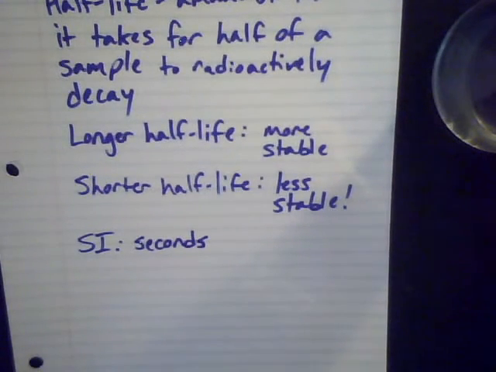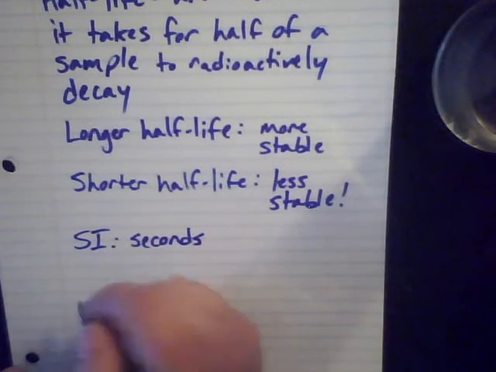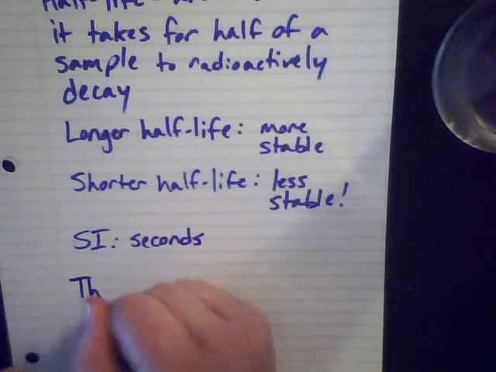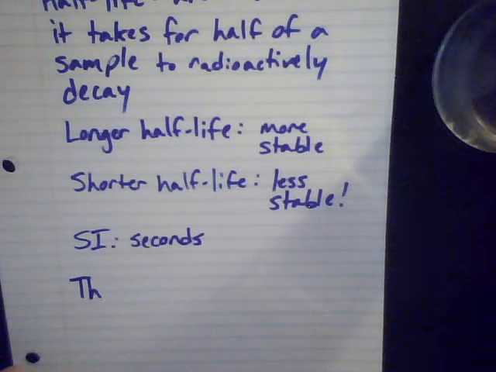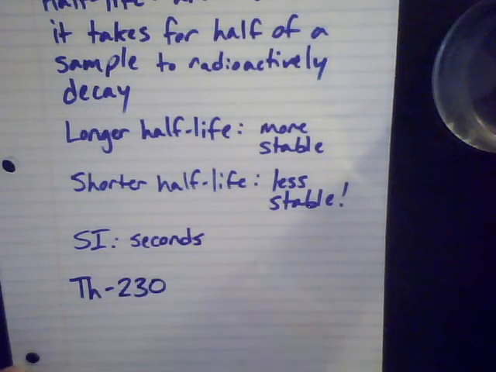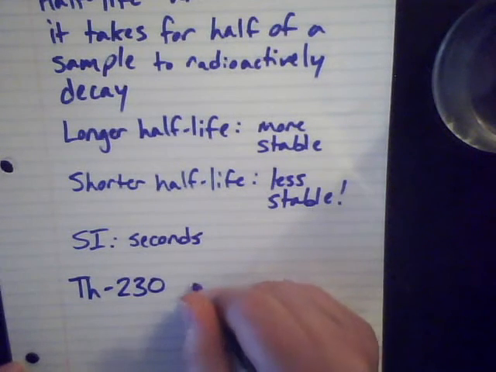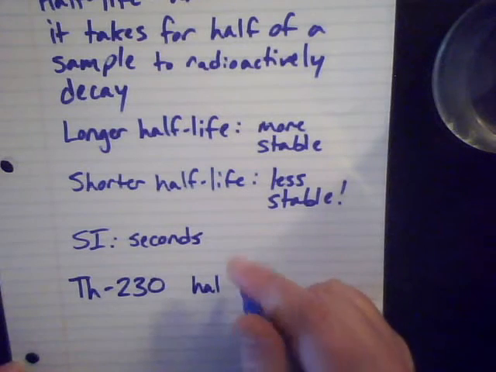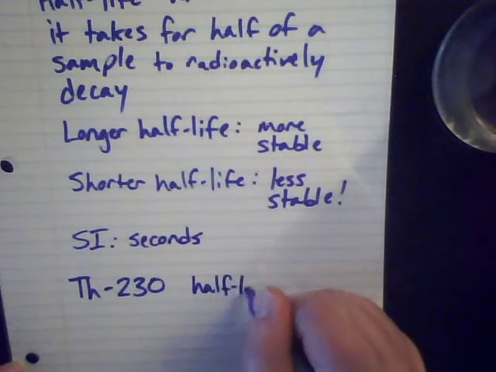So just to give you a sense of this, an element, thorium, we talked about thorium when we were talking about the radioactive decay of uranium. So thorium-230, it's a common isotope of thorium. The half-life of thorium-230 is 80,000 years.